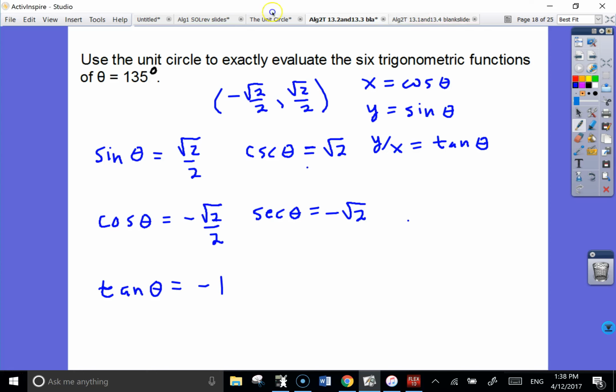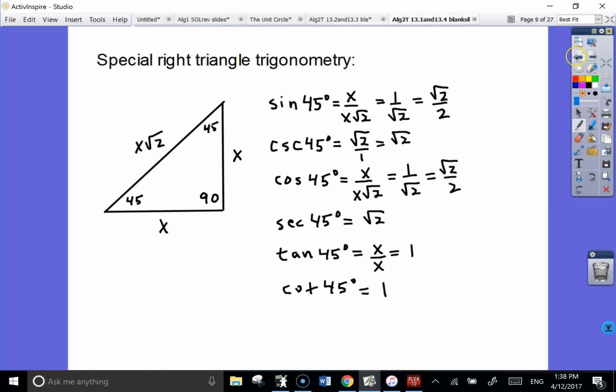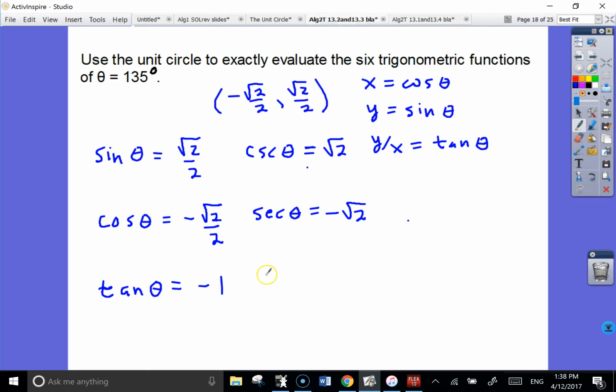Again, if you go back to where we did this, you can see where we flipped the sine and where we flipped the cosine. These are all the same values. Okay, what about the tangent, cotangent? What do you get if you flip negative 1? 1 over negative 1 is negative 1.